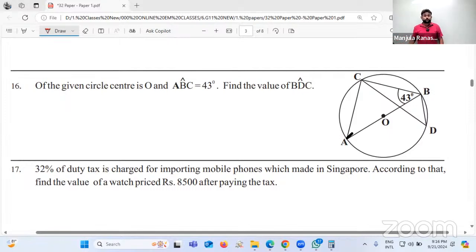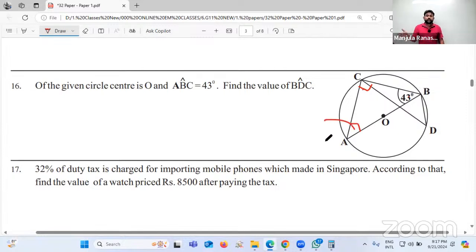Right. So now you see O is the center, then AB is the diameter. So mark the angle subtended on the circle by the diameter. What is that? That is 90 degrees all the time. See, the diameter subtends an angle of 90. Now you can see that here the angle 90, 43. Then you can find this remaining one. How?